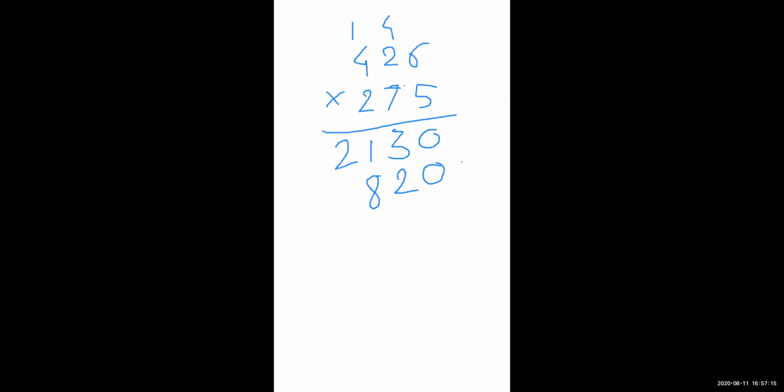Now 7 4s are 28. 28 plus carry 1, that is 29. 29. It means after multiplying 426 by 7 tens, you will get 29,820. Okay.